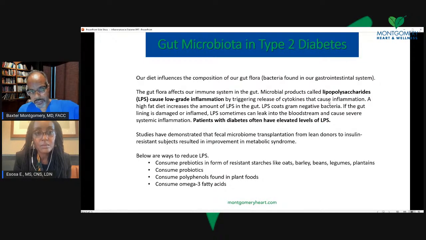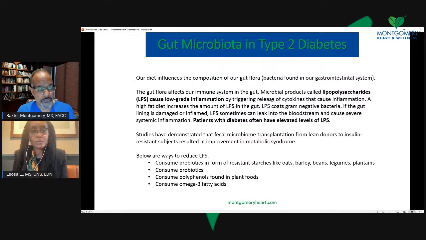I bet there are probably hundreds of other molecules that we don't measure or have yet to discover that contribute to inflammation as well. Patients with diabetes often have elevated lipopolysaccharide levels. So you want to reduce this.